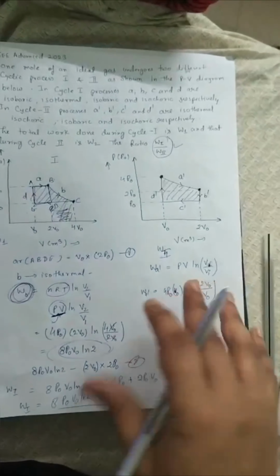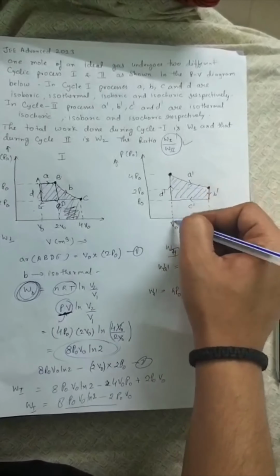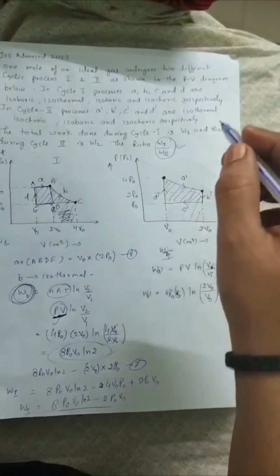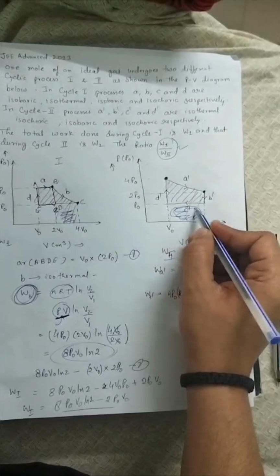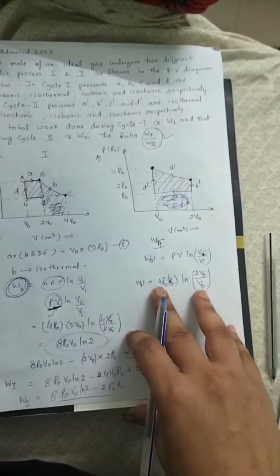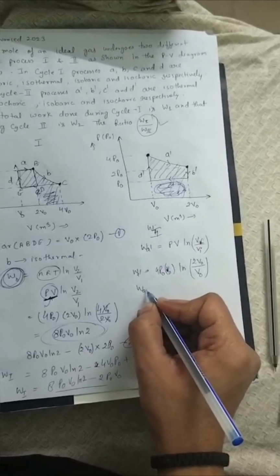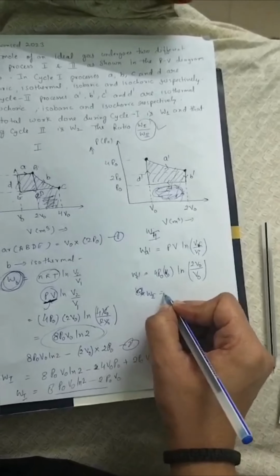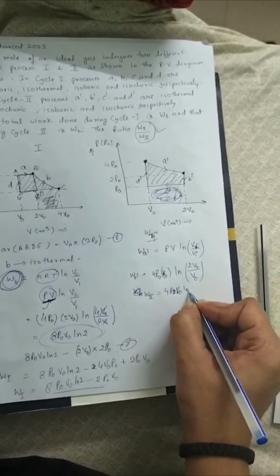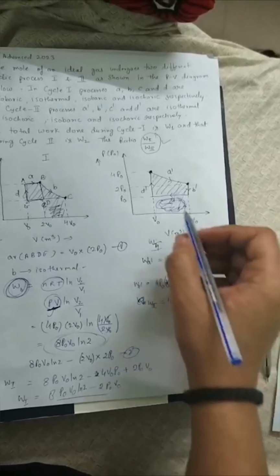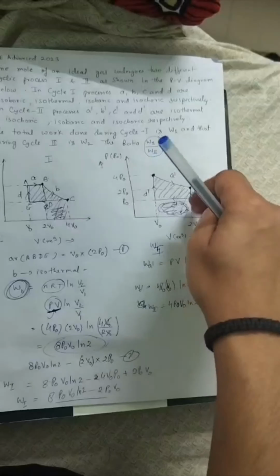The isothermal work is the entire region under the curve, so you need to subtract this region, which is not required. So W second will be 4P0 V0 ln 2 minus, you need to subtract this, which is V0 into P0.